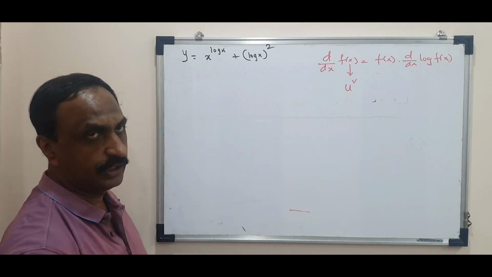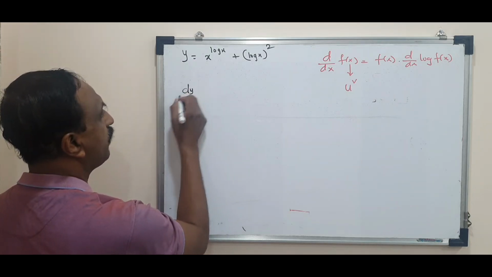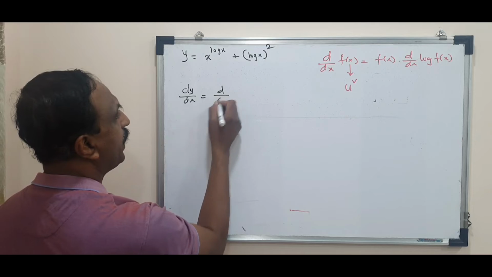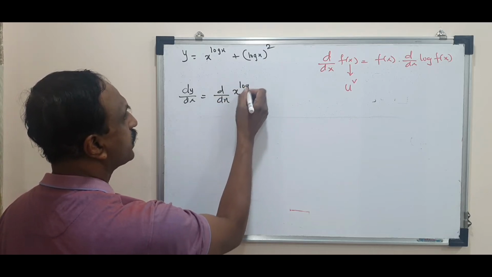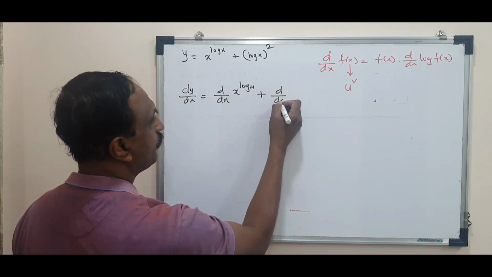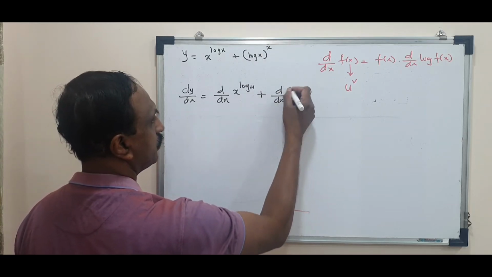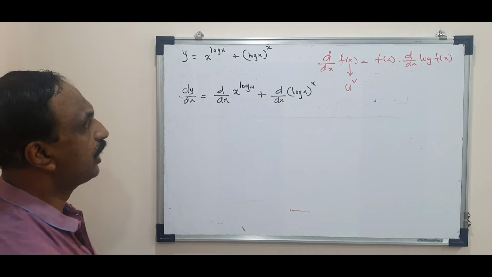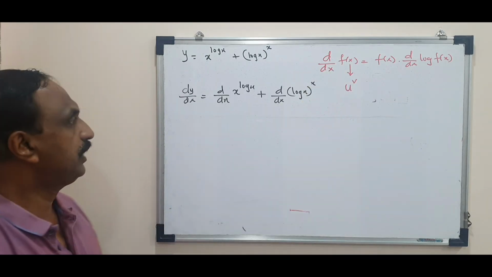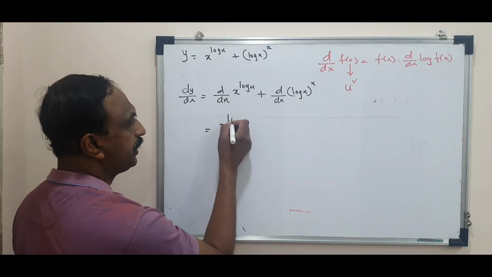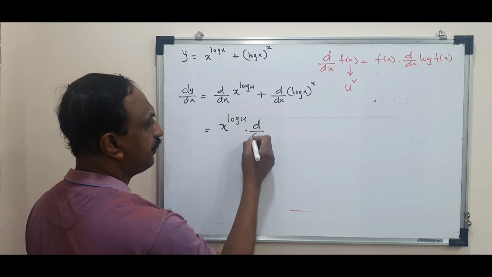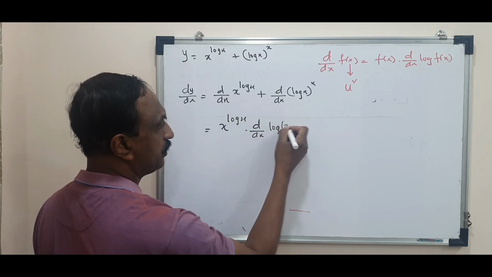So if I'm writing the shortcut method, I will be writing dy by dx equal to d by dx of x raised to log x plus d by dx of log x raised to x. So I'll use now the formula: function into derivative of log of the function.